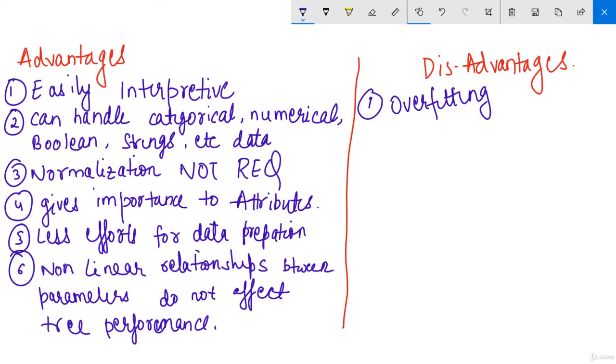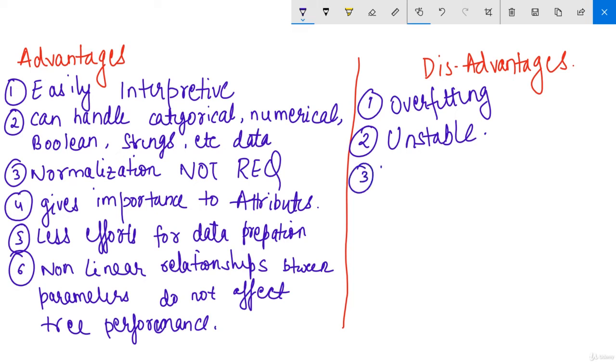Because if there is noise in the data set, or any disturbance or missing values, there will be overfitting. Second is that it is unstable at times. Because of overfitting it can be unstable, right? Because it is growing and growing, and if you change any value from any part, or delete some rows, it will be unstable in the end. So this is what is happening.